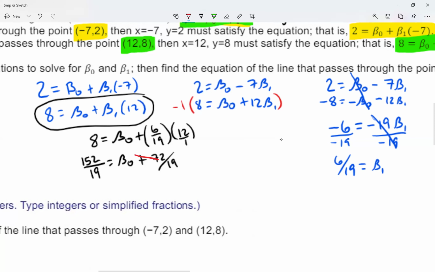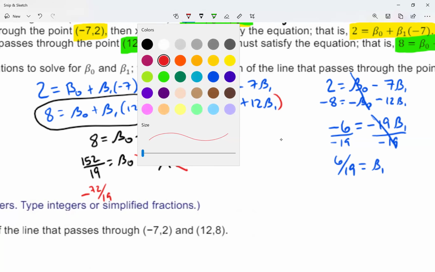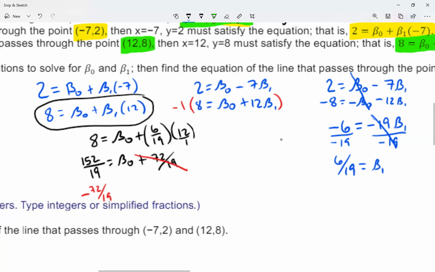So this fraction, let me move it here. Don't forget to switch the sign as a negative 72 over 19. What's 152 over 19 minus 72 over 19? For space purposes, let me move this here.